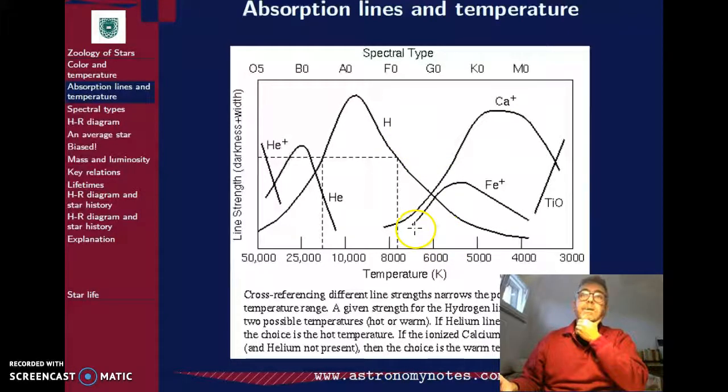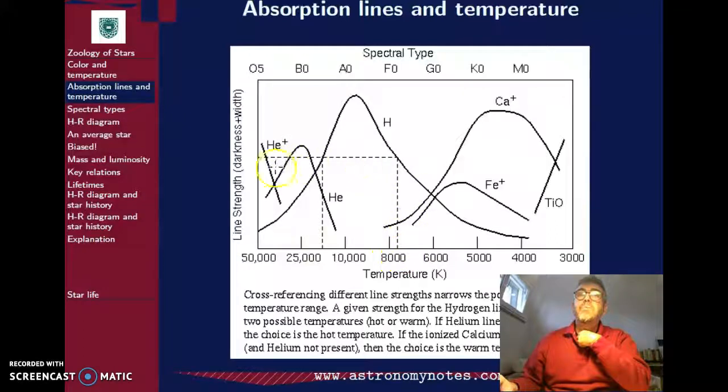Well, if the star is much hotter, say at 10,000 Kelvin, then the only line we would see would be just the hydrogen line. In this graph are shown temperatures around 8,000 Kelvin and 20,000, 15,000 Kelvin.